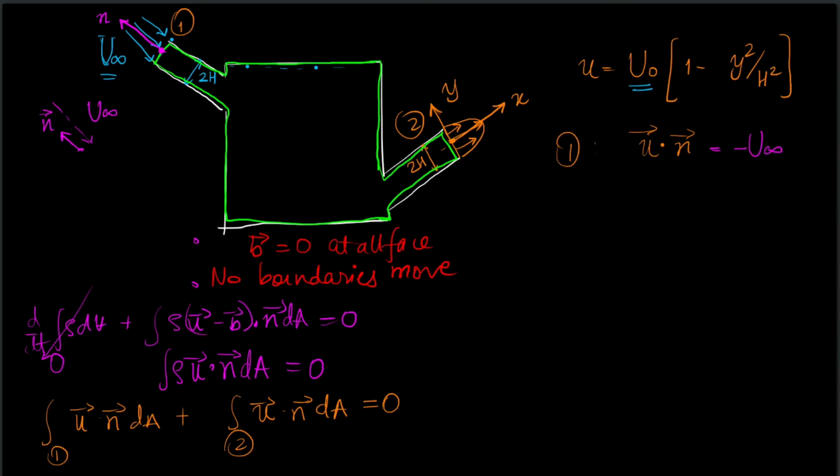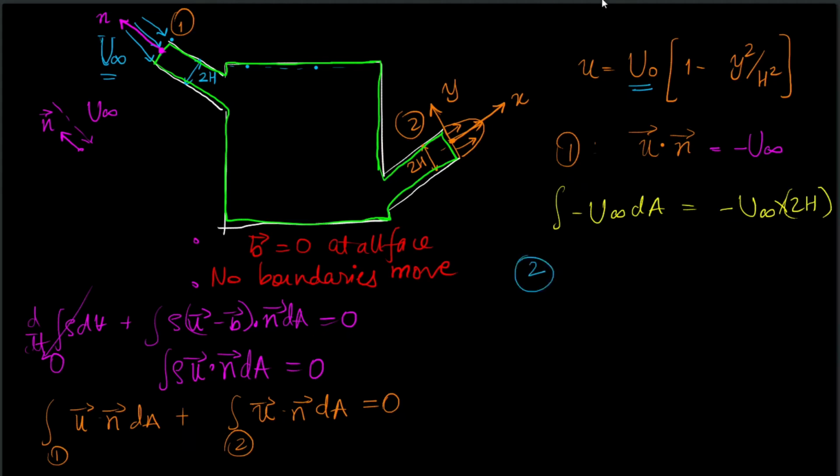And therefore, the first integral may be written as integral minus u infinity dA, and this is equal to minus u infinity into 2h, because we are assuming unit width into the plane, or we can assume some width into the plane w, but then w will get cancelled from both sides, so might as well drop it a priori.